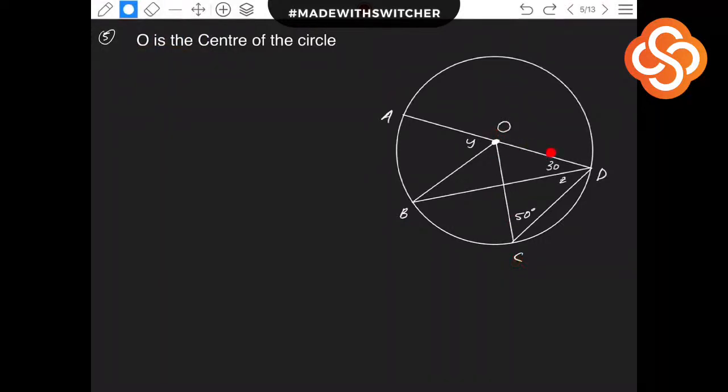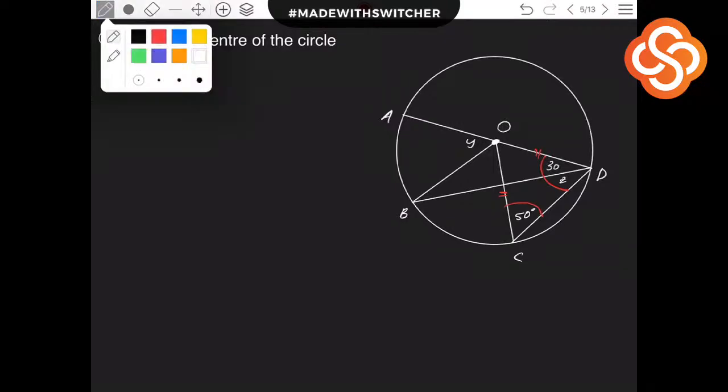OC is equal to OD. The reason for that is that these two lines are radii of the circle. Because they are radii of the circle, this is equal to that. Therefore, this angle is equal to that, because it becomes an isosceles triangle.